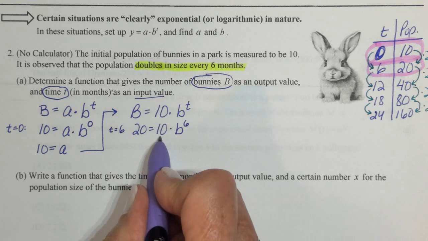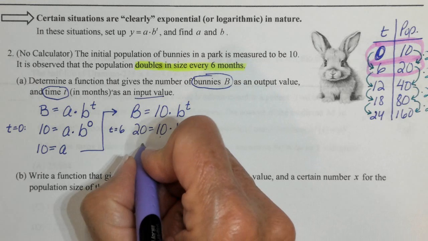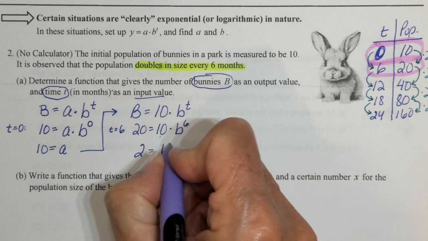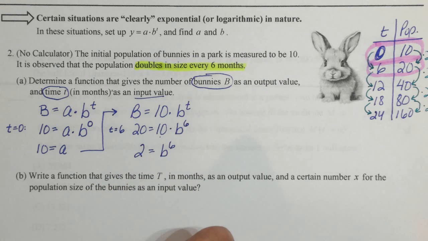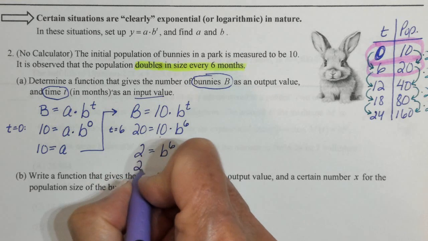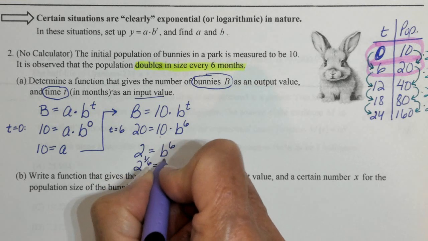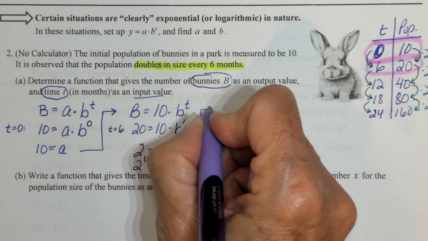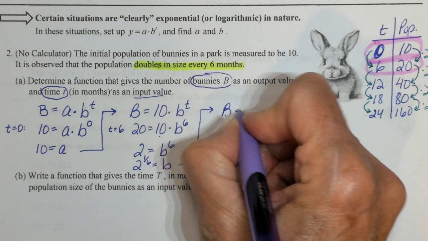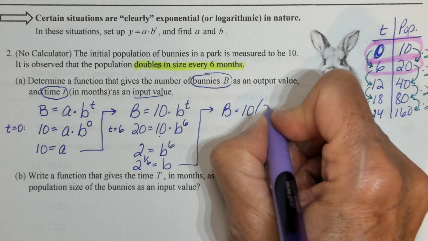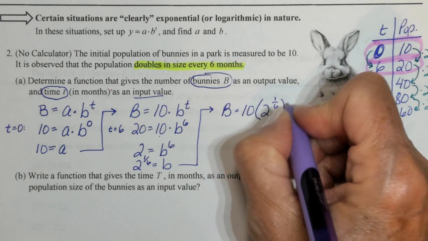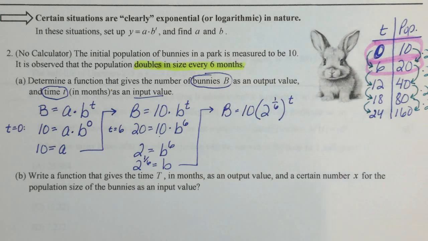I divide both sides by 10 and get 2 is equal to b to the 6. Now I take the 6th root of each side, or you can call that 2 to the 1/6 is equal to b. So I have the population equal to 10 times 2 to the 1/6 to the t.